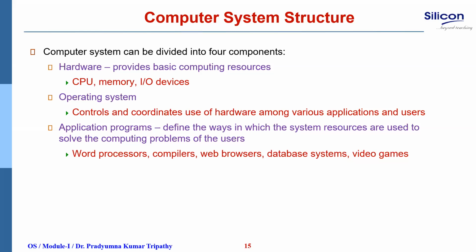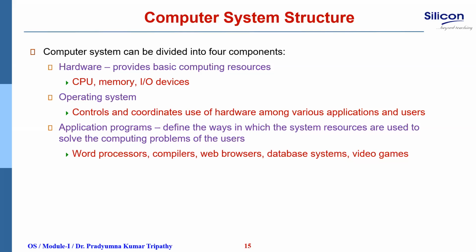Which are the application programs? Office programs, Word, Excel, PowerPoint, FoxPro, accounting software, big compilers, web browsers, database systems, video games, all those are application programs. The games that you are using are application programs, right?